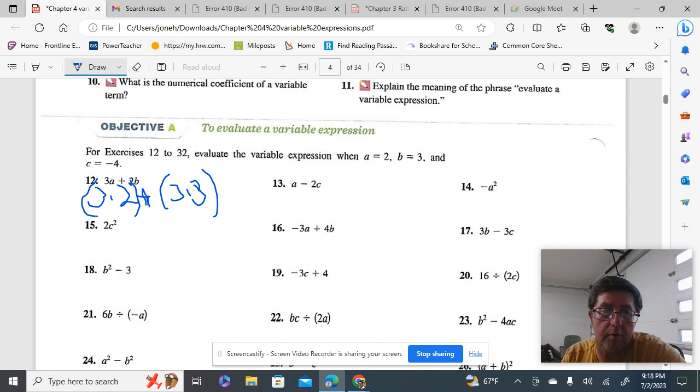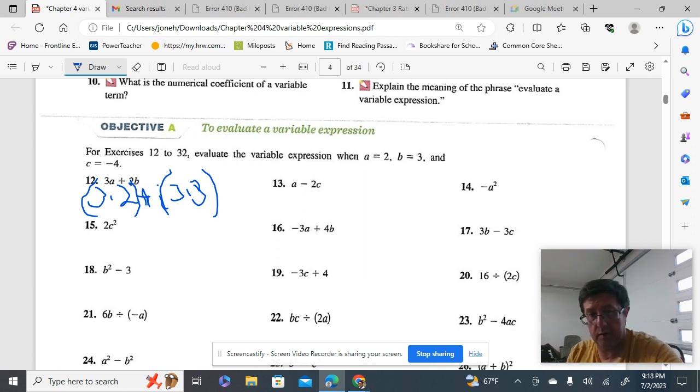If you put this into your calculator, you really don't have to worry about these parentheses. Just do 3 times 2 plus 3 times 3, because your calculator knows order of operations.